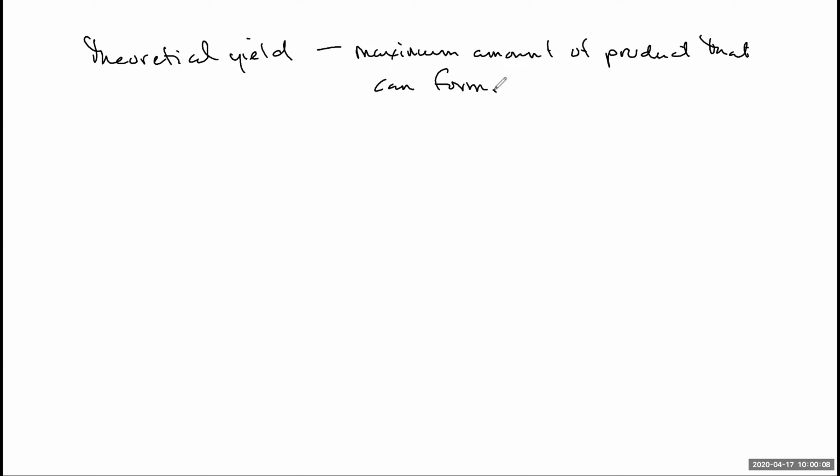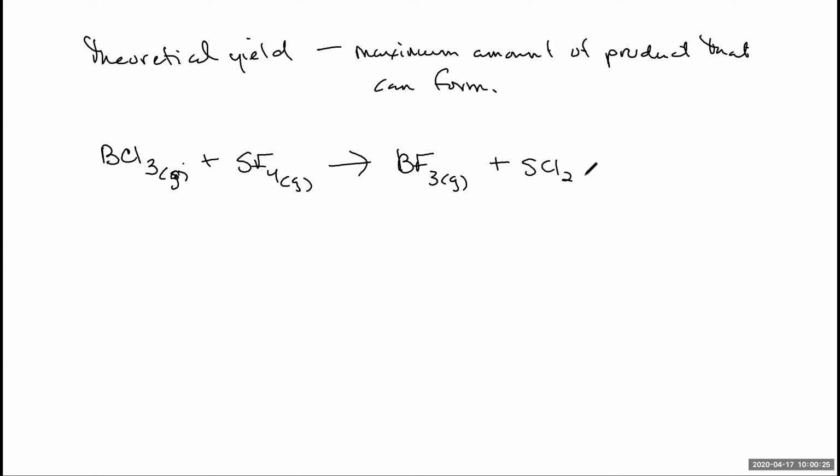So for example, in this problem, if we took boron trichloride and reacted it with sulfur tetrafluoride, we get 3 different products. And again, you want to balance this equation.